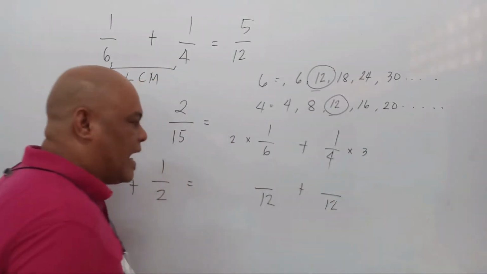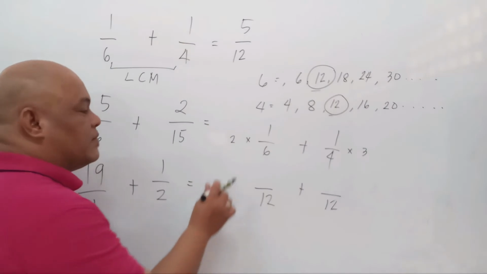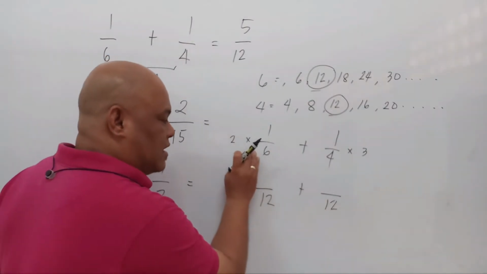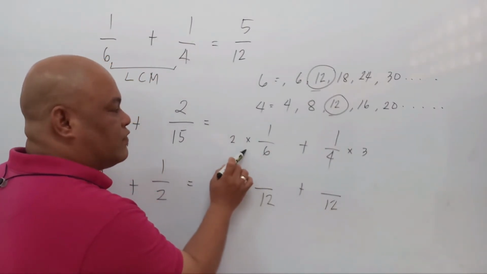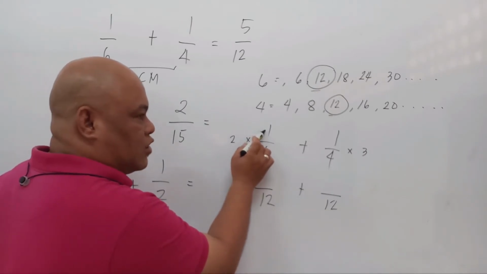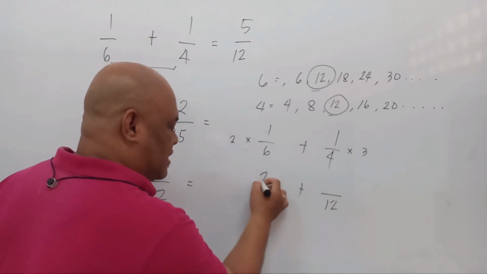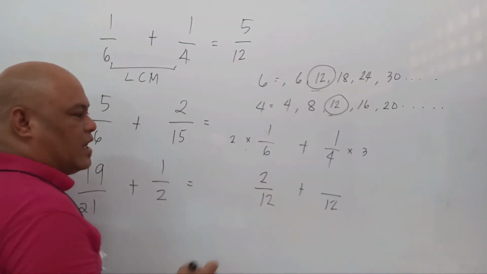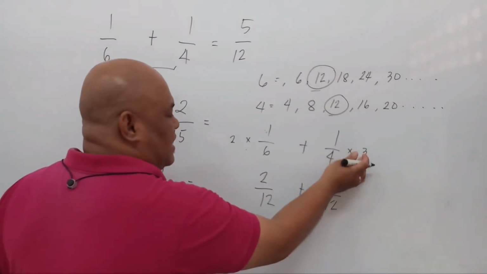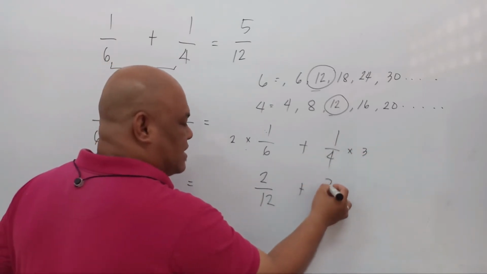Now, like I said, what you did in the denominator, you have to do in the numerator. So, 2 times 1 is 2. And this one is 3 times 1 is 3.